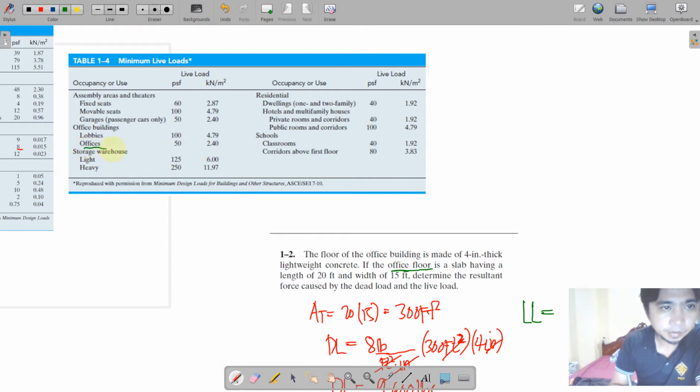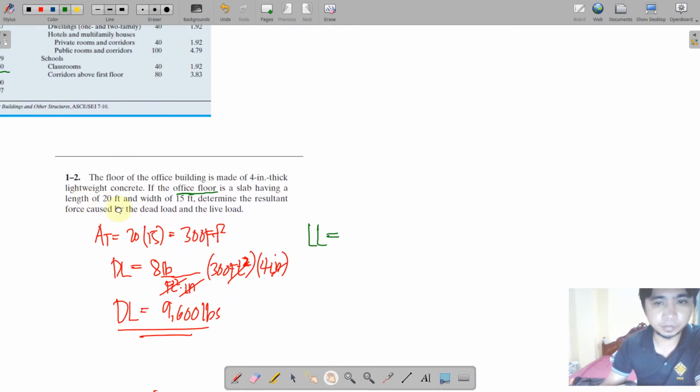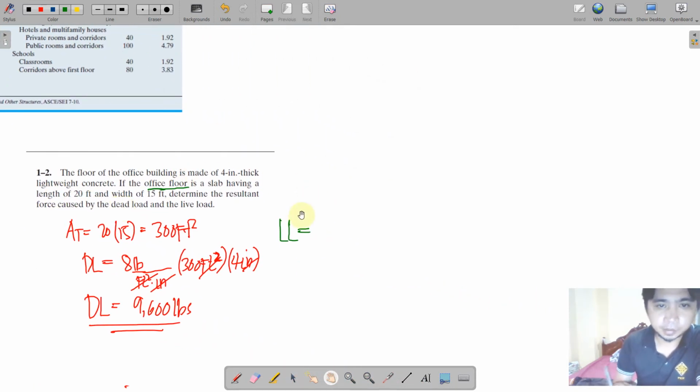Offices. Okay, so we're going to adapt here in terms of English because we are in English system of units. So 50, that is 50 PSF or pounds per square foot.